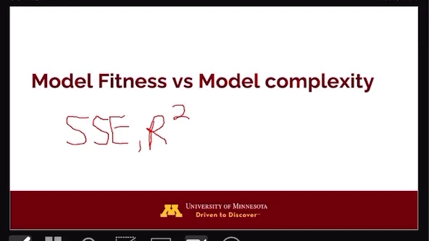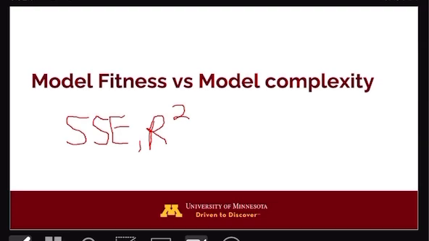Now, but there's an issue. When your model is becoming complex, right? You have a multiple linear regression where you have so many independent variables, okay? You cannot trust your R squared anymore. Can somebody tell me why I can't trust my R squared if I have so many features?